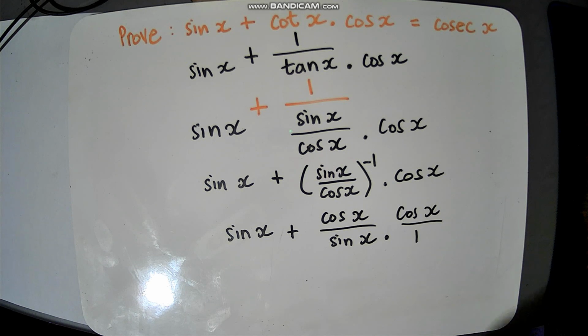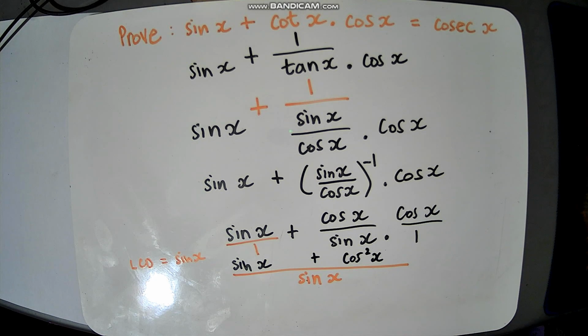We can now multiply cos x times cos x, which will give us cos squared x. We also have to find the LCD between the left term and the right term. Notice that the sine x is over 1. So if the LCD is sine x, this means I'll have to multiply the first term by sine x.